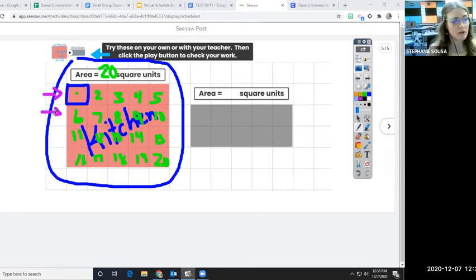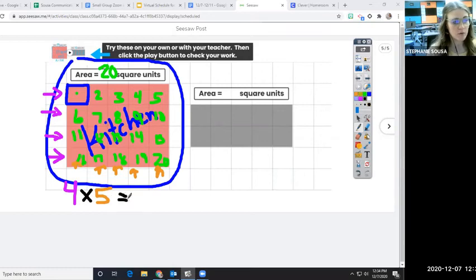There are 1, 2, 3, 4 square units on, let's call this the length. And there are 1, 2, 3, 4, 5 square units inside of each row, or when we're working with multiplication on the width.